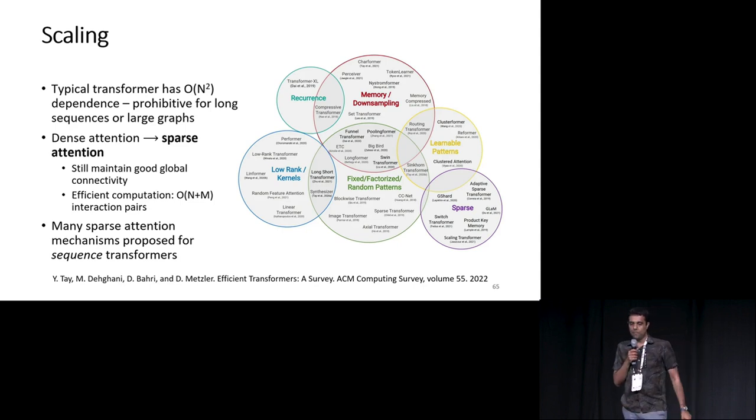Okay, so in the sequence world, there was this plethora of works that tried to construct sparse attention mechanisms where instead of using the complete graph, you would sparsify this into some smaller number of edges, right? But again, these are mainly for sequence-based transformers.